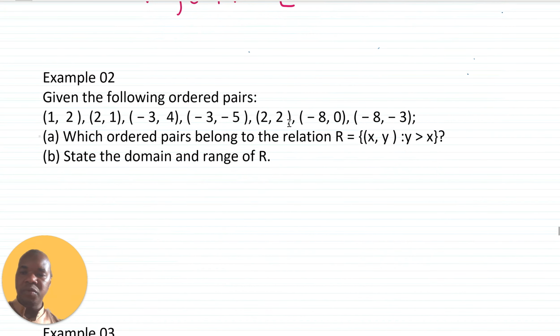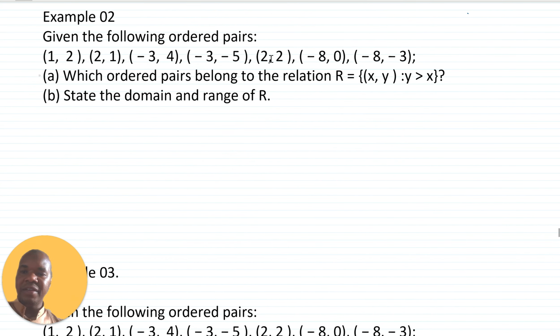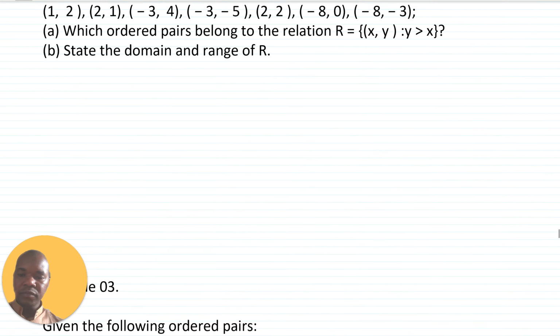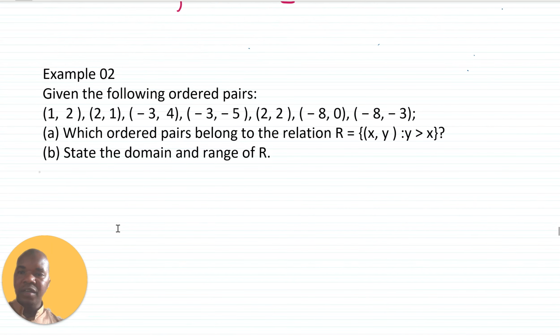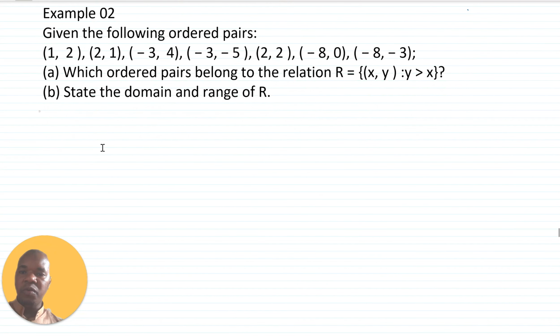Jump into example number 2. Given the following ordered pairs: (1, 2), (2, 1), (-3, 4), (-3, 5), (2, 2), (-8, 0), and also (-8, -3). Which of these ordered pairs belong to the relation R, a set of ordered pairs (x, y) such that y is greater than x?